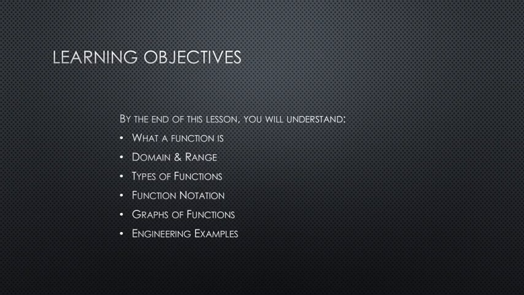Fourth, we'll learn how function notation works. Fifth, we'll learn how to read and interpret graphs. And finally, we'll connect these ideas to some simple engineering examples. Let's begin with the most basic question. What exactly is a function?